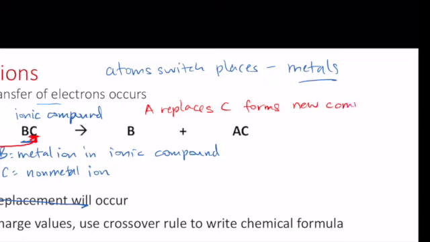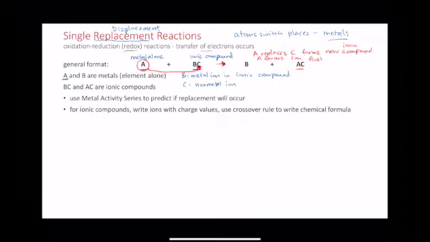And that new compound is the product, so it's on the right side of the reaction arrow. That's AC. Now this is a new ionic compound, so this A has to form an ion first before going into this new ionic compound. Okay, so we'll look at that process. You end up with B as a new metal alone.